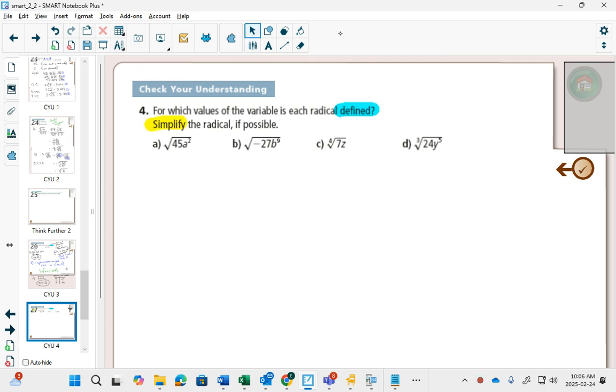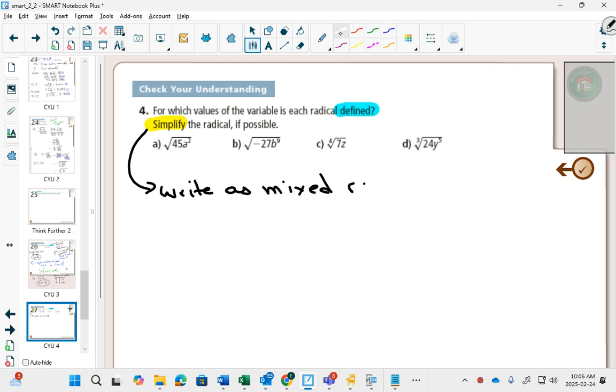So first of all, what does simplify mean? We've had this before in grade 10. You want to write it as a mixed radical in lowest terms.